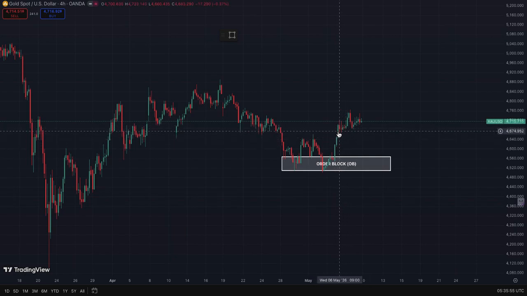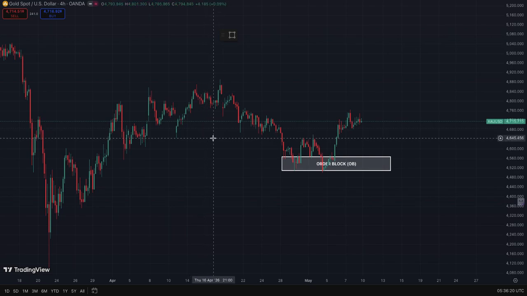You can see that after this break of structure, price started consolidating, but as long as this level area is not broken, gold is bullish overall. In as much as this key level holds, you can see that price has reacted to it.